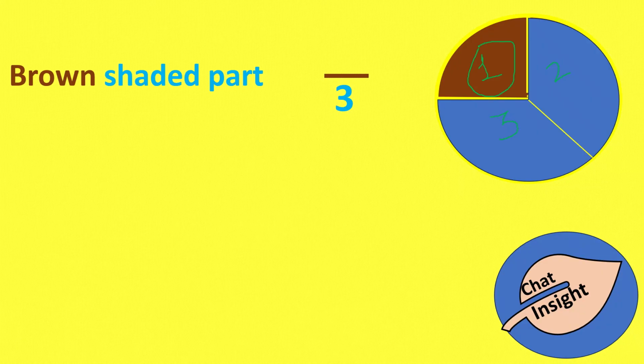Now we are talking about the brown part, so it's just a 1 in a circle, and don't forget to use the equal symbol like that. So how do we call it? Brown shaded part equals 1 upon 3.